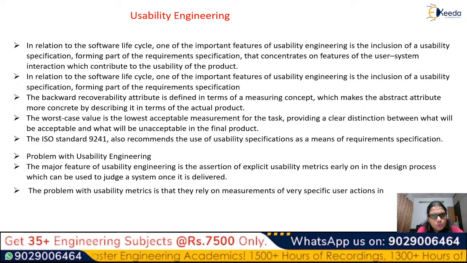We don't know what the final product will look like or how it will work, because all we do is imagine it. So there is a measurement attribute, a measuring concept, which makes the abstract attribute more concrete. When it comes to the actual product, we need to define it, because the abstract and the actual are different concepts.